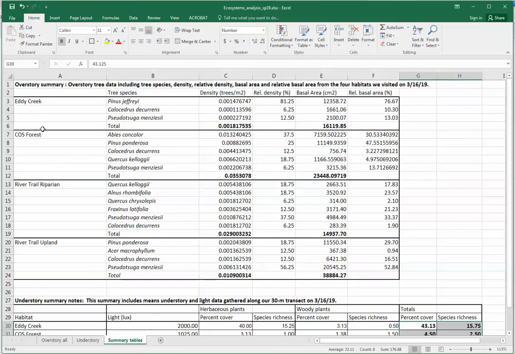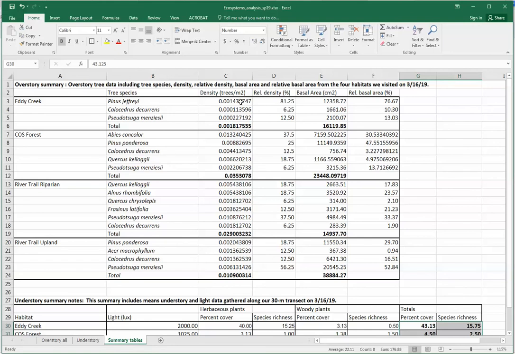So from the data that we were just looking at on the previous spreadsheet, I summarized the density of trees by the species that we found at that site. So here we can see the total density of trees at Eddy Creek was 2/1000th of a tree per meter squared.